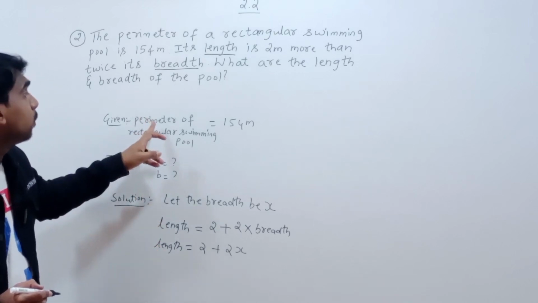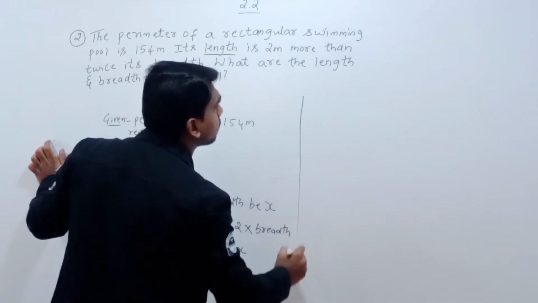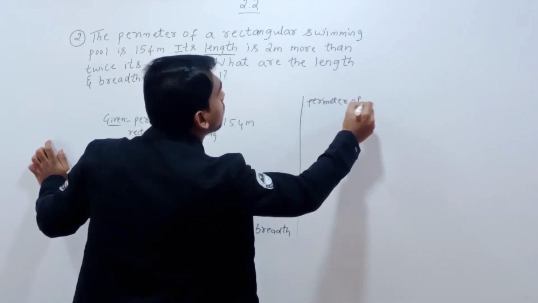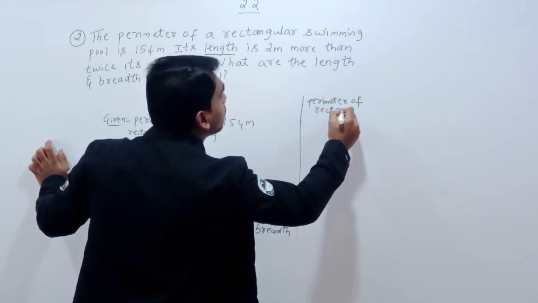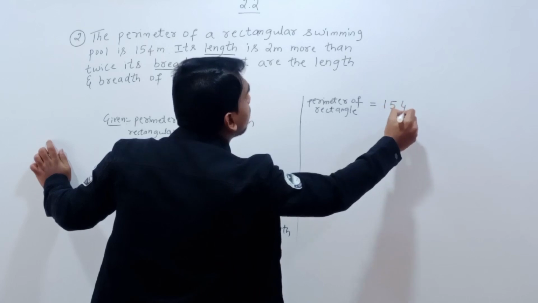Now we'll put the perimeter of rectangle formula. The perimeter of the rectangle is 154, as they have given.